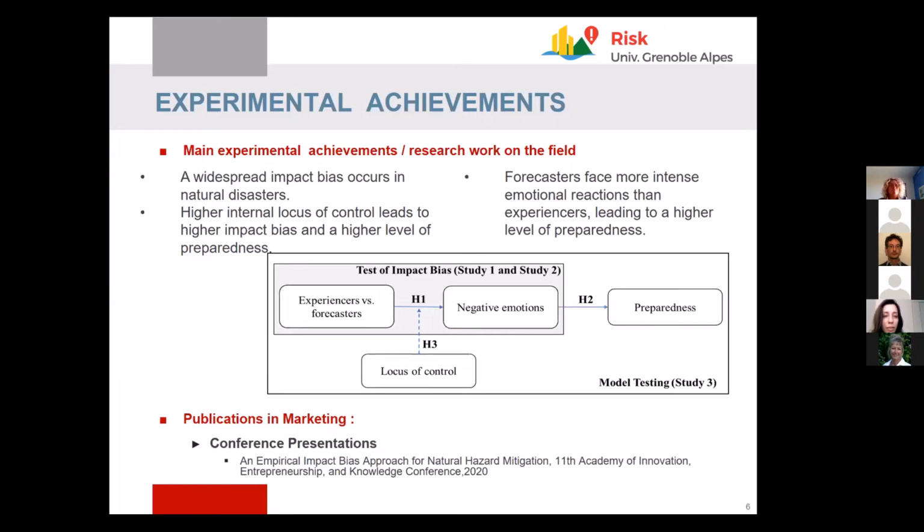The results show that negative emotion has a mediation role between the role of the participants and their preparedness. So forecasters with more negative emotion wanted to be more prepared.